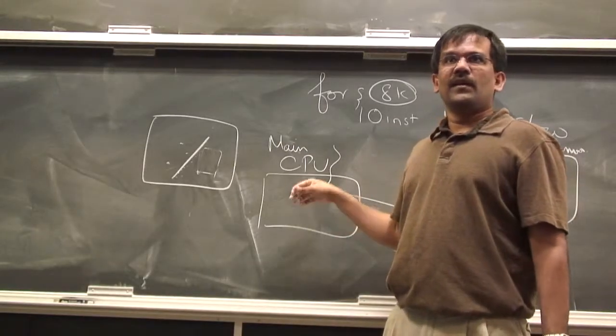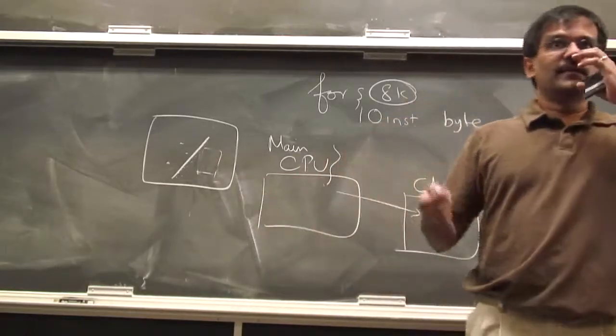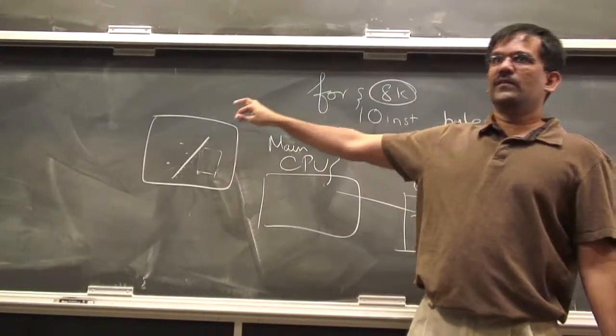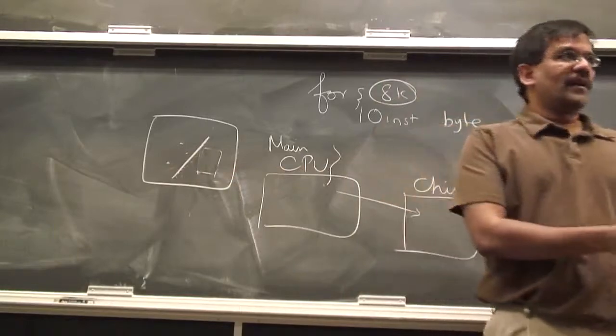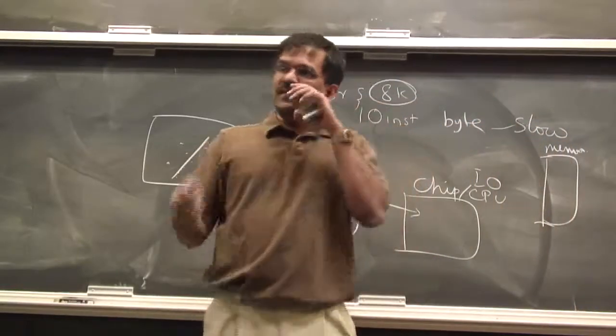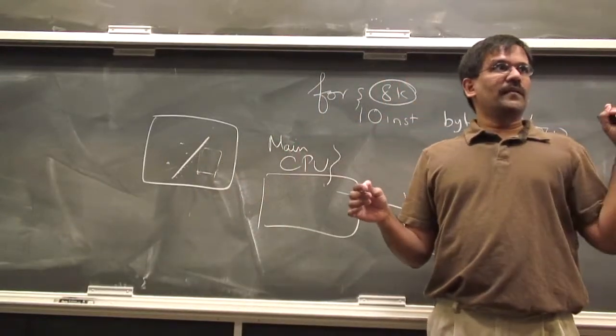So if it has to do it at the game rate, your 30 or 60 frames per second, your processor has to be extremely fast to keep up with this kind of stuff. So you offload that into this graphics processor, which is much faster than your main processor, but it can only do the graphics operations very quickly.